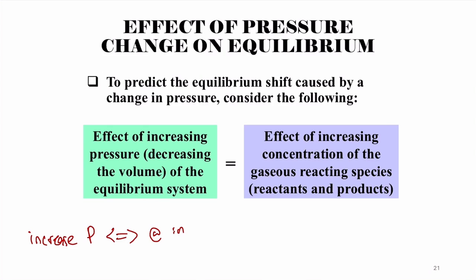Yep, that's exactly right. Because as you increase the pressure, that's equivalent to decreasing the volume. Right? And if the concentration is related to N over V, if we decrease the volume, what happens to the concentration?